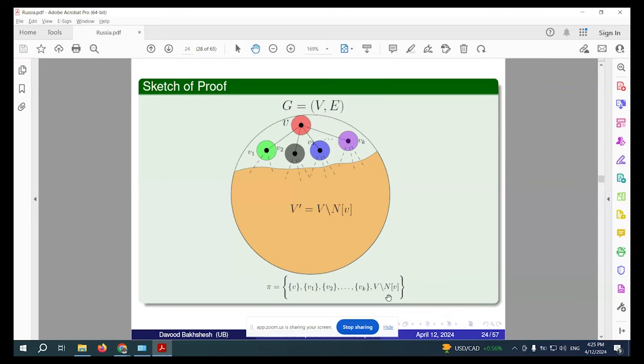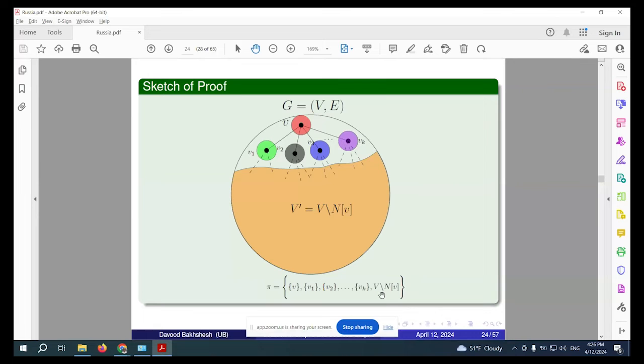In this proof we assume that k is equal to delta(G). You can see that the cardinality of this coalition partition is equal to k plus 2.